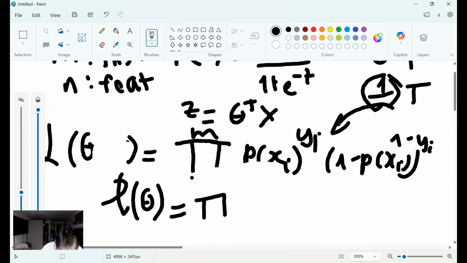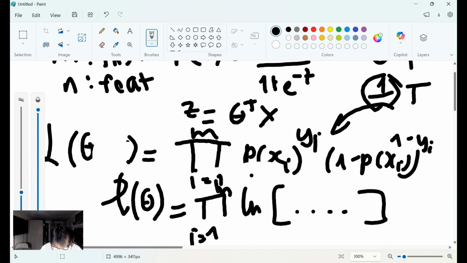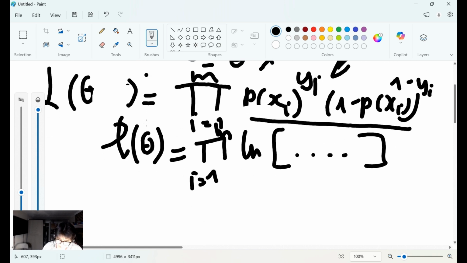This is multiplication of i from 1 to m still, and this is the natural logarithm of this part right here.